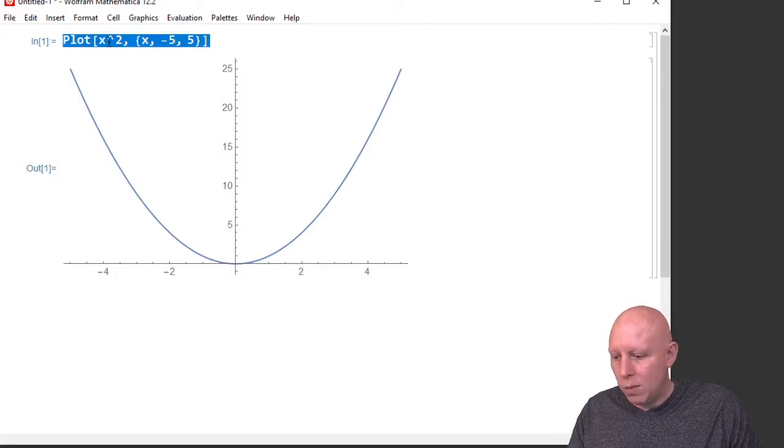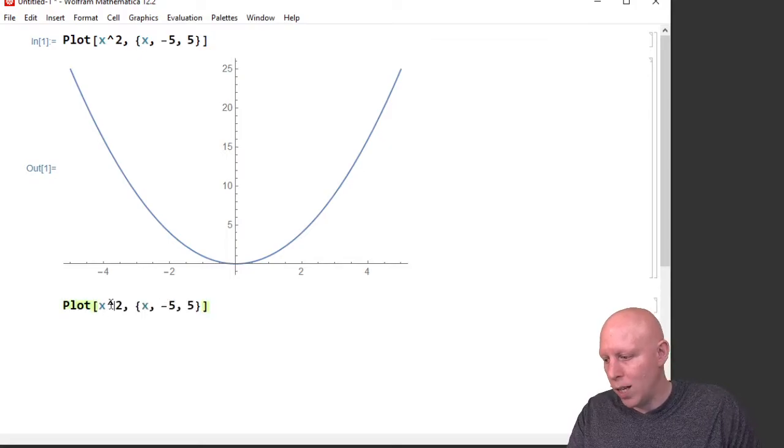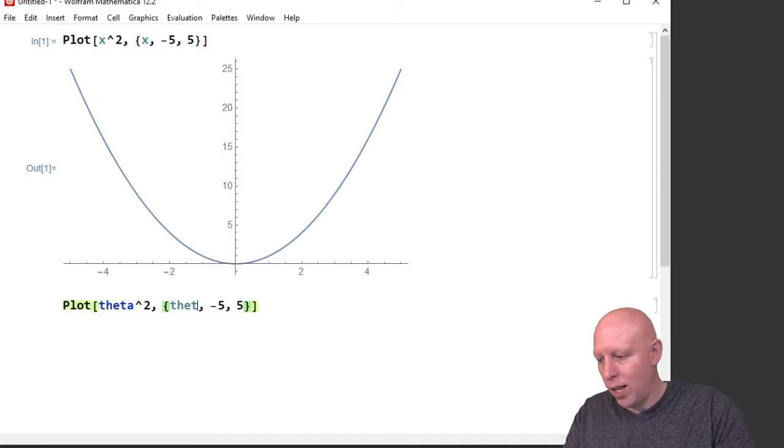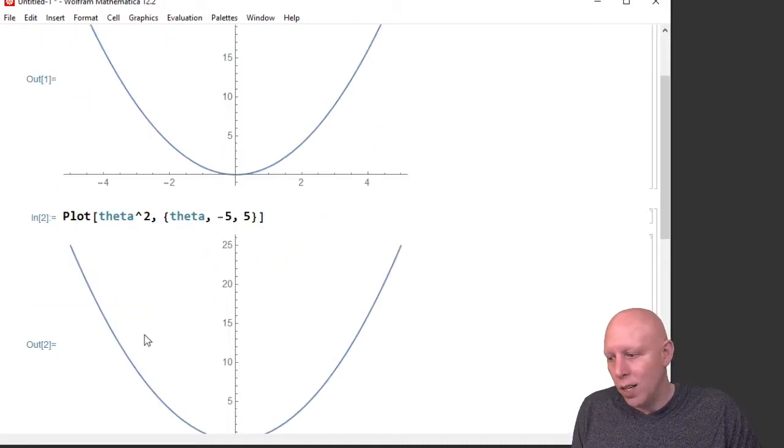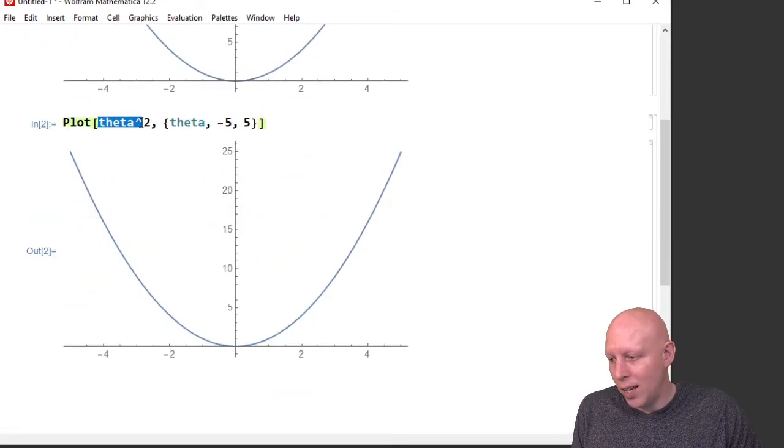Now, unlike in Desmos, if we were to type in Plot theta squared, where theta goes from -5 to 5, Mathematica sees this as just some variable. It doesn't care that this is like r and theta.